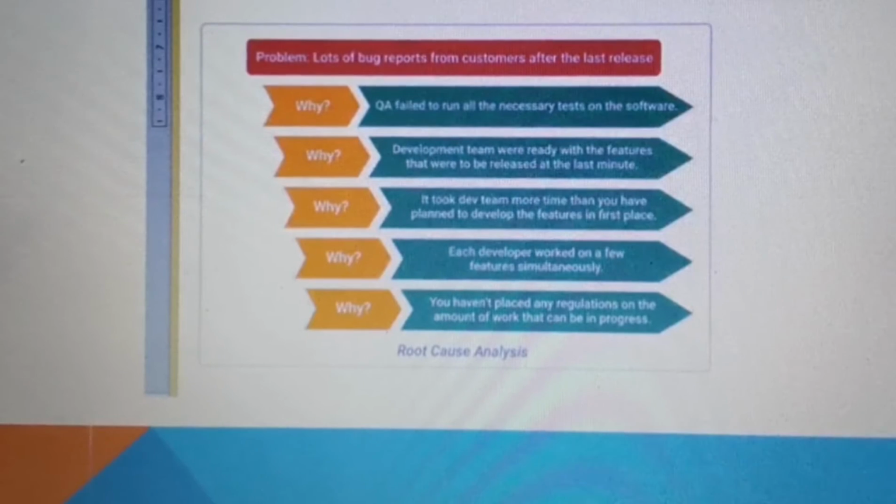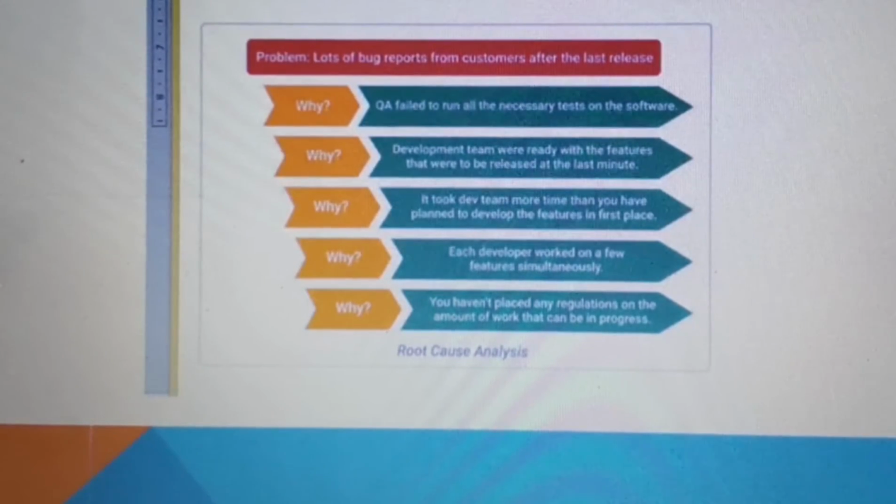In the root cause analysis, there are a lot of problems that you or the company may encounter, or the process flow of the business may encounter.